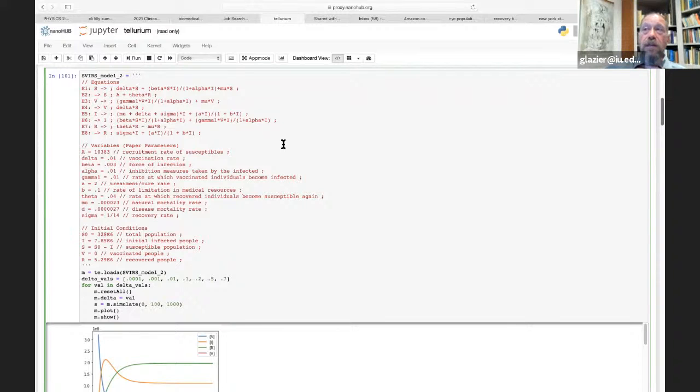But effectively, S goes to nothing and nothing goes to S are writing the same thing, which is dS by dt equals something. The only difference is S goes to nothing means there's a minus sign in front of everything. Nothing goes to S means this is positive.